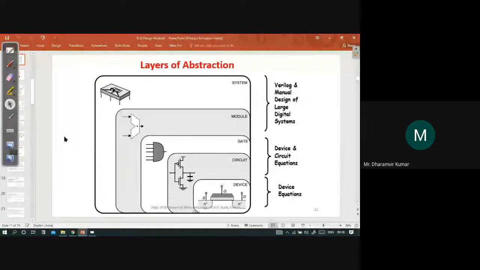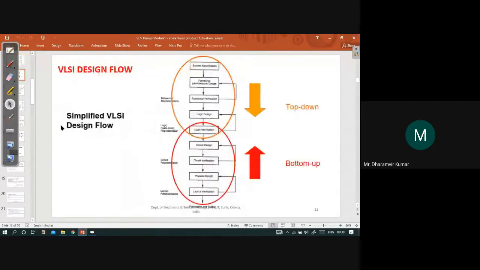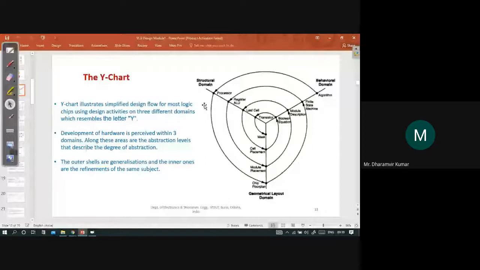So in the previous class, we had looked at the layers of abstraction, and then a simplified VLSI design flow, and then we had seen this pie chart, and the three domains that it represents: structural, behavioral, geometrical domain.